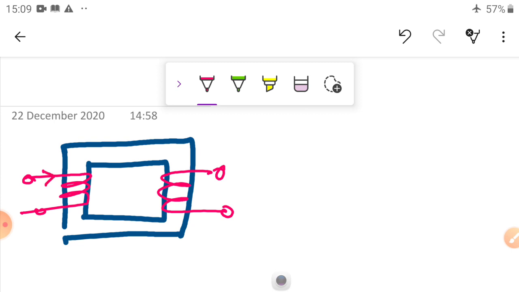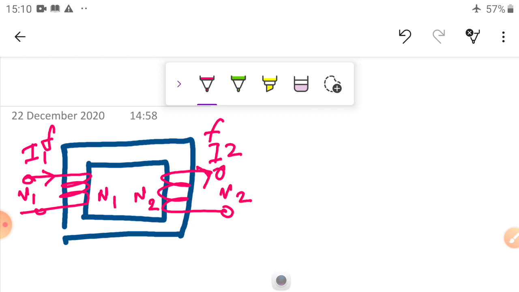The primary current is I1, and if a load is connected, the secondary current becomes I2. This is V2 and this is V1. The frequency here is F, and here also F, the same frequency. Here is N1, here is N2.